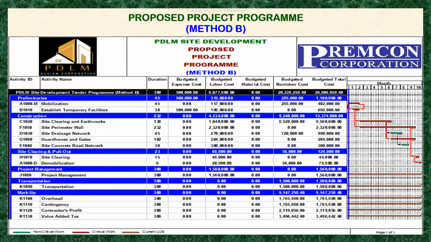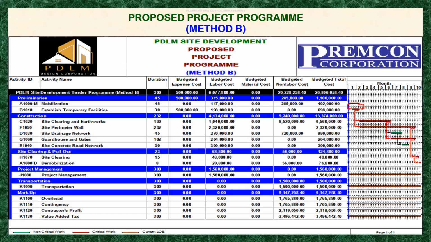Meaning just in one page or in one set of pages that you look at, you can see both of them. Both data of method A and method B can be viewed. So we shall do it that way using the maintain and assign project baselines feature of Primavera P6.